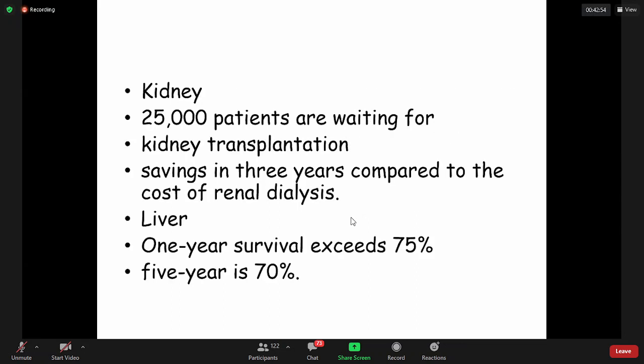The kidney is one of the commonest tissues being transplanted. Even in Uganda, soon we shall have kidney transplants being done in Mulago. They're quite common. You've heard of people stealing kidneys and selling kidneys. It's a big business, and most of these kidneys are blown by hypertension and diabetes.